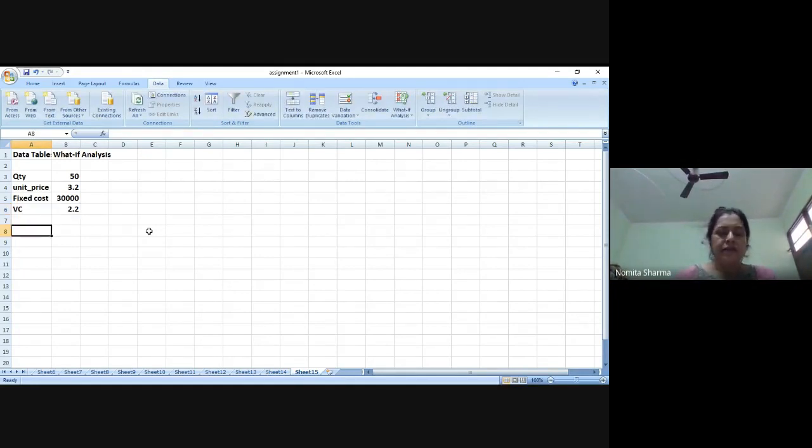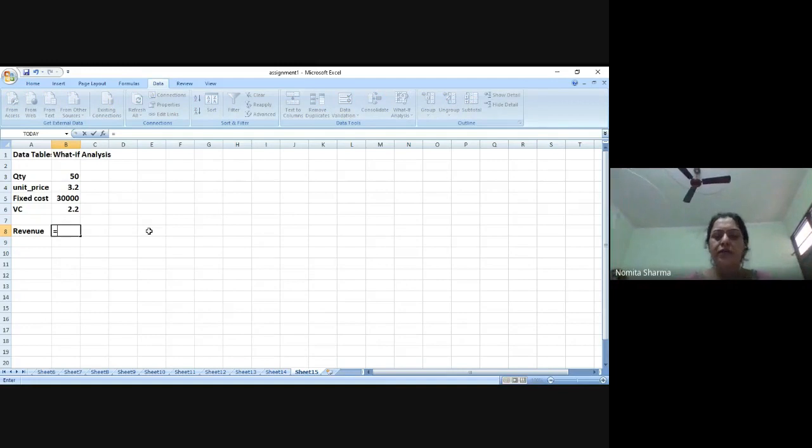And then we have to calculate the revenue. Now revenue will be the total amount that you get depending on whatever you have sold. So the quantity sold is 50, which is B2. I multiply that with the unit price, which is B3 multiplied by B4.